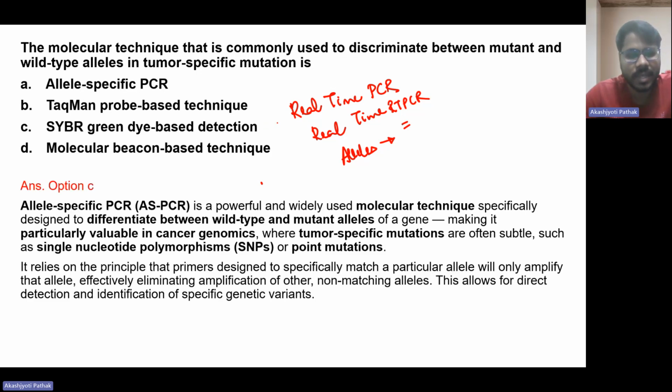So let's understand this technique. It is a powerful and widely used molecular technique which is specifically designed to differentiate between the wild type and mutant alleles of a gene. In Mendelian genetics you have learned about this, the capital T and small t.